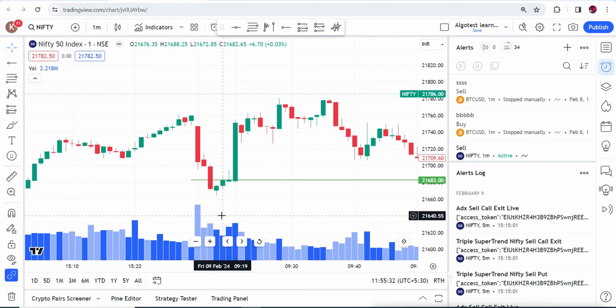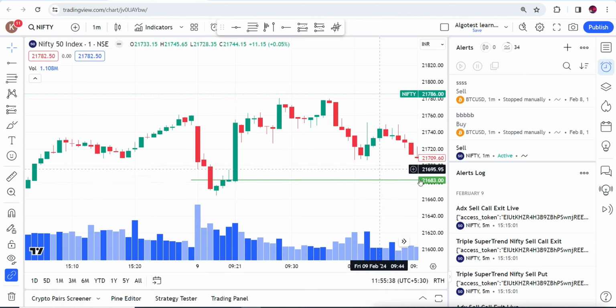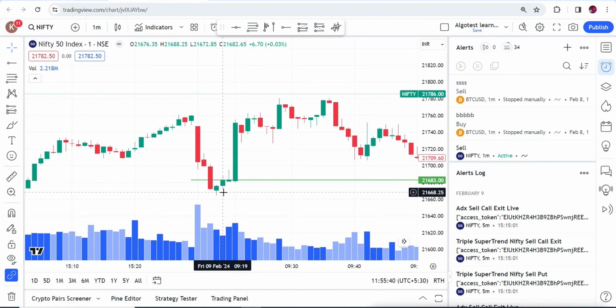Assume that in the morning at 9:20, you can see the 9:19 candle, the price was 21683. Now I want to backtest a strategy that if at 9:20 the market moves 10 points above, then I want to buy a call. If the market moves 20 points above, I want to buy a call. This is called a momentum based strategy, where you check if at a certain point of time the market moves up or down, you take a trade, and then see how it performed in the past, with some stop loss or target.